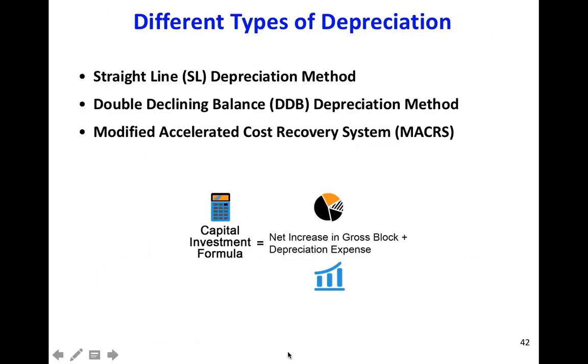So we reach up to this slide, and here I'm going to talk a little bit about depreciation. As I said, depreciation is the reduction in the value of the asset, like equipment or the investment in the plant, in the project.